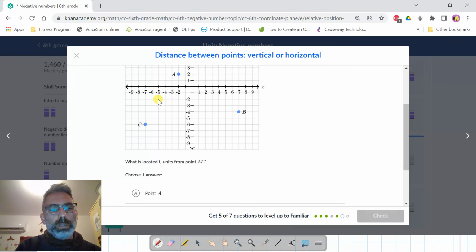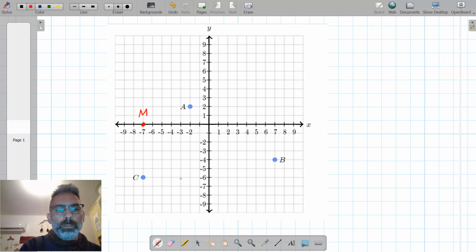And what is located 6 units from point M? Point C. Okay. The distance from point M to point C on the y-axis is 6. In other words, 0 minus -6, because point M on the y-axis is on 0.